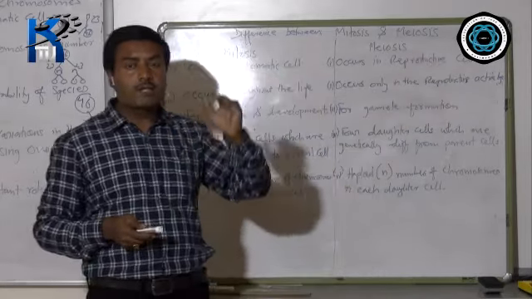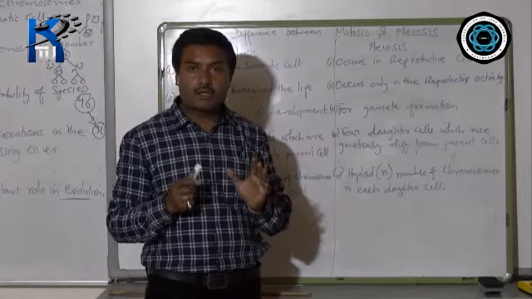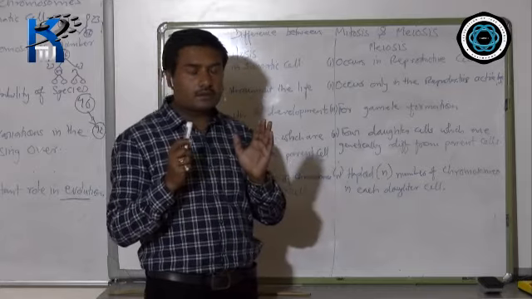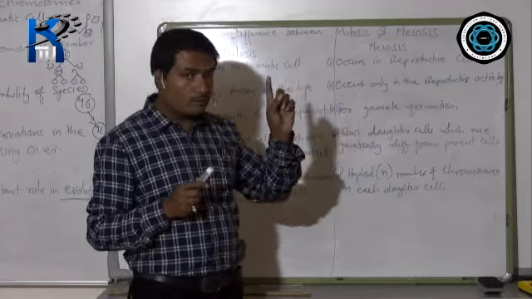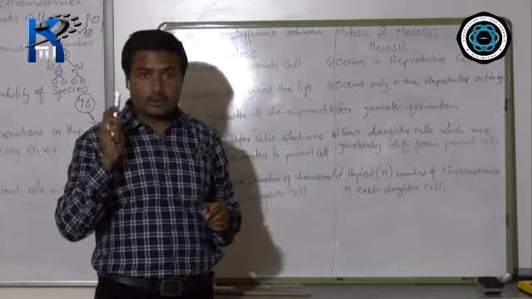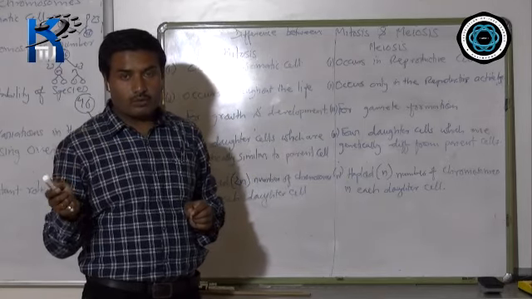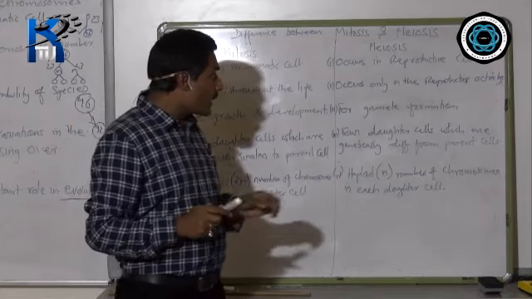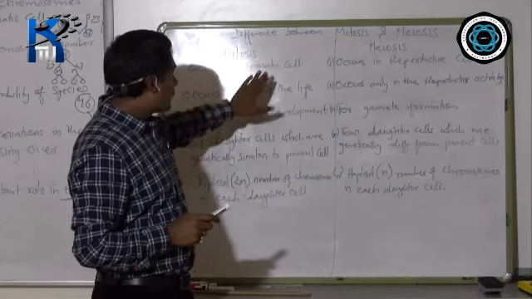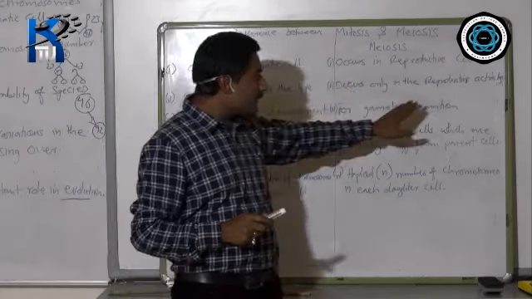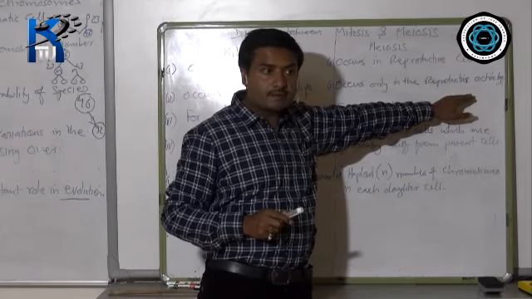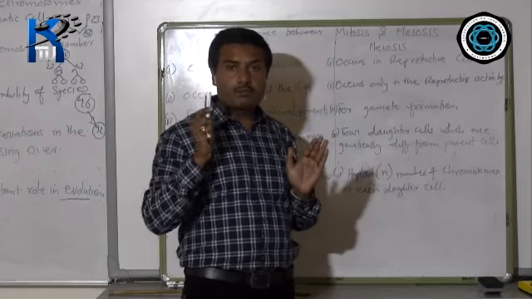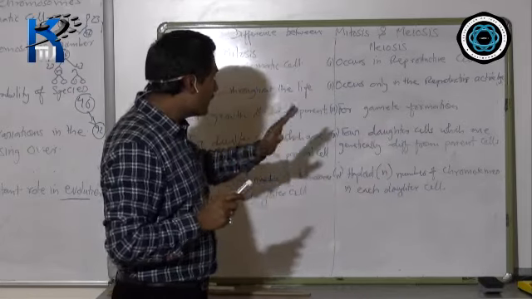The reproductive organs are the testis and ovary, and in plants the anther and ovary, which produce pollen grain and ovule. In animals, the reproductively active age means from 10, 11, 12, 13 onwards, when the reproductive organs start functioning.